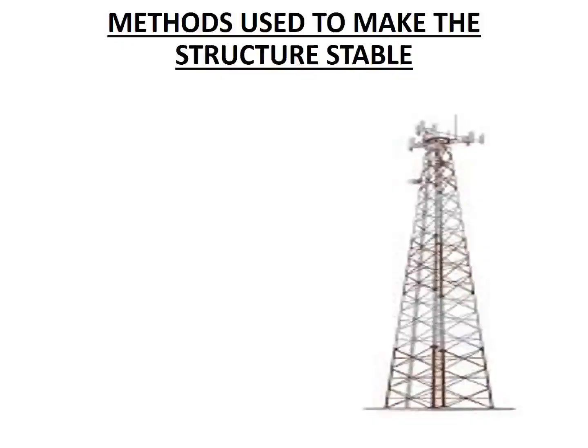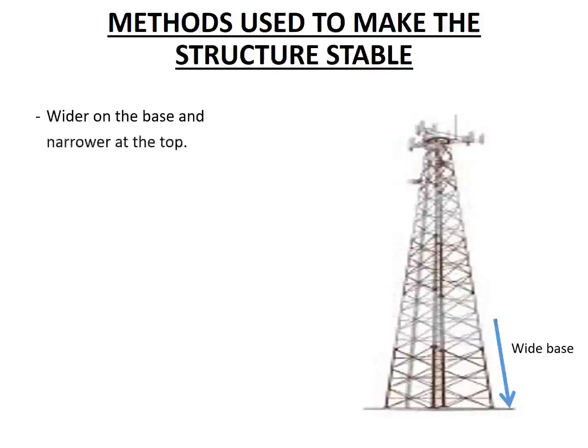We've got three main methods that are used in order to make the structure stable. The first one is we need to make the base wide. Let's look at it. The wide base, just at the bottom, the base is very wide and the top should be very narrow. I think you can see that our base is wide, the top is narrow.